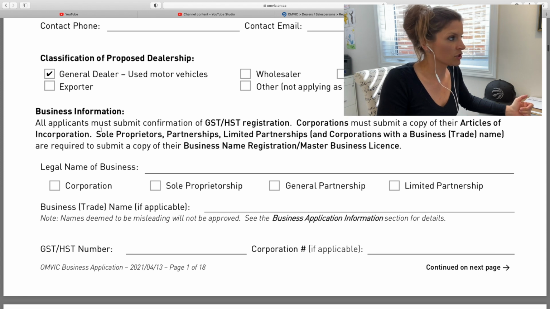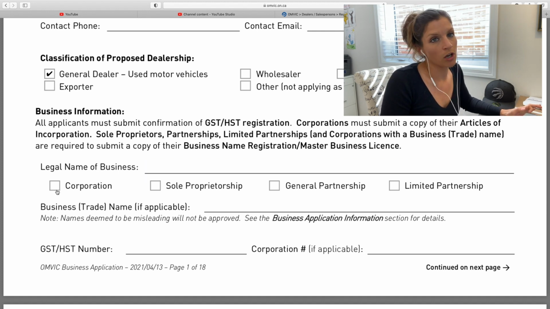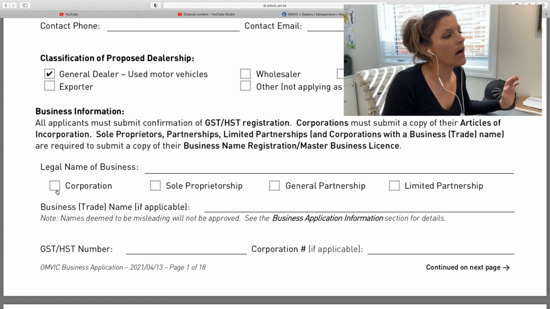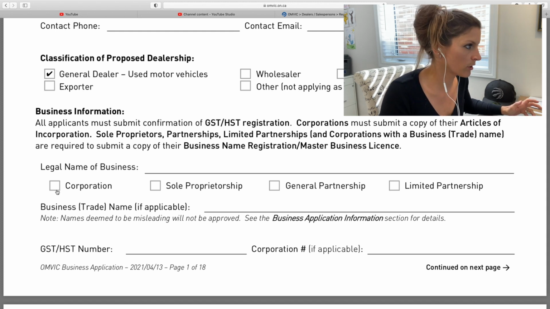Okay, this section is about business information. Obviously, you would have to have already registered a business. If you decide you want to register a corporation, I'll have links on where on the federal Canada website you can register one.